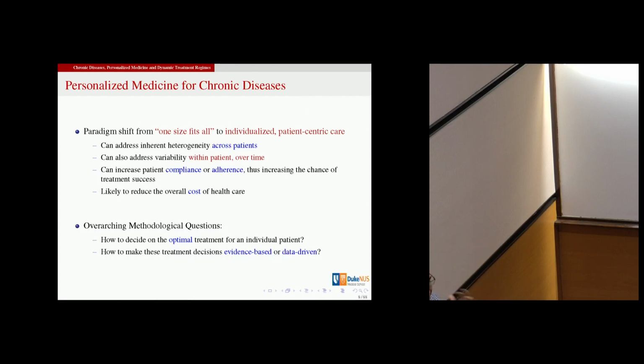And so this paradigm should be able to address that as well. And greater personalization can also increase compliance or adherence to treatment, which has been a big issue in any clinical trial or any clinical context.